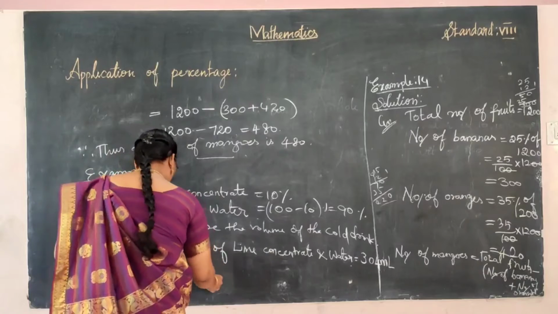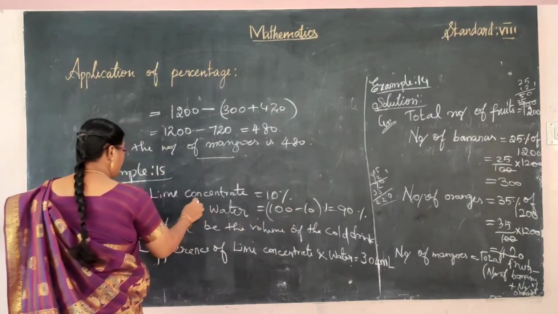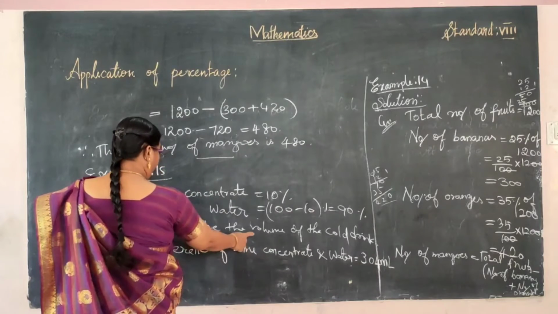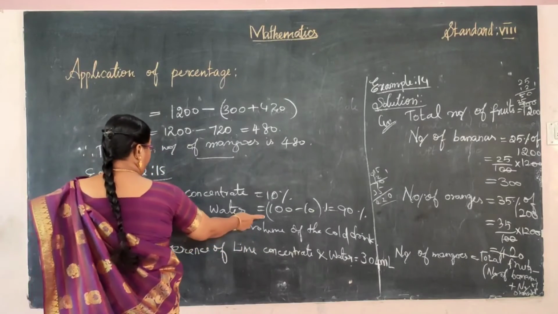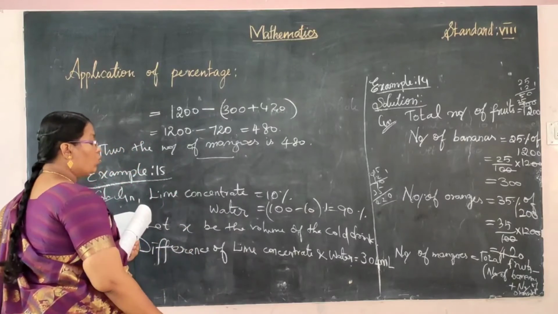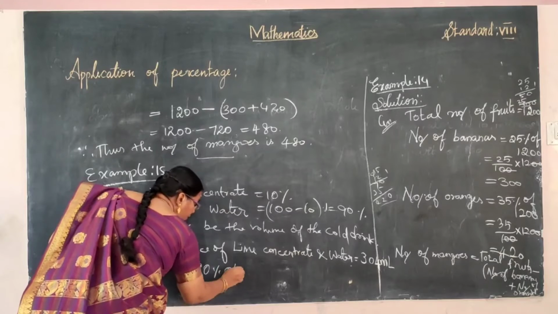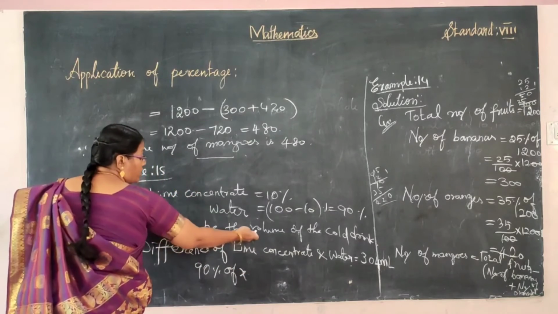Okay, right. So what is the difference? The lime concentrate we have considered 10% of the volume, and 90% is water. So 90 percentage of the volume X we have considered.